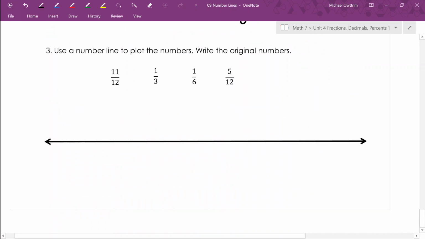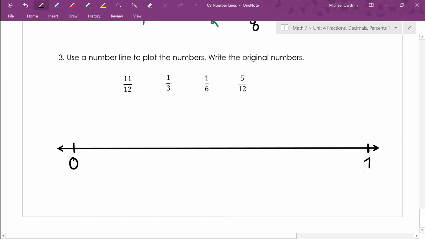Use the number line to plot numbers, write the original numbers. So if I look at all my numbers here, all of them are proper fractions, which means all of them are between 0 and 1. Now if I think about what I have here, everything, 12, 3, 6, and 12, can be written with a common denominator of 12. So I'm going to set it up where there are 12 spaces between 0 and 1.